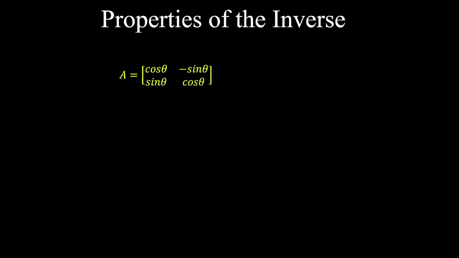Let's observe some properties of the inverse of an orthogonal matrix A. So as we've seen, if we take the inverse, the determinant of A is cosine squared theta minus sine squared theta, which by the trig identity gives 1.